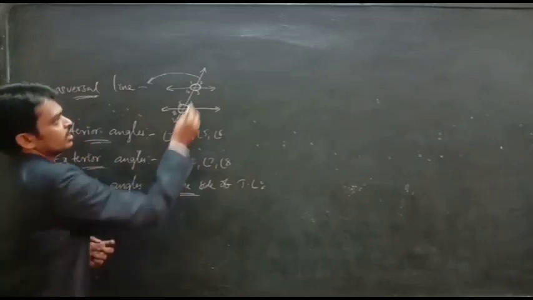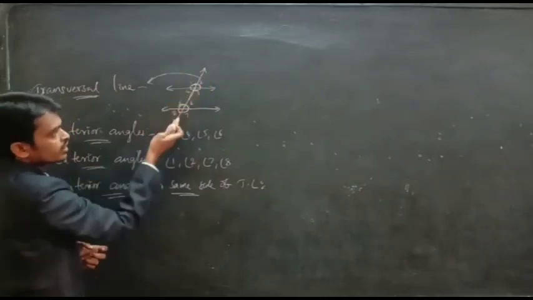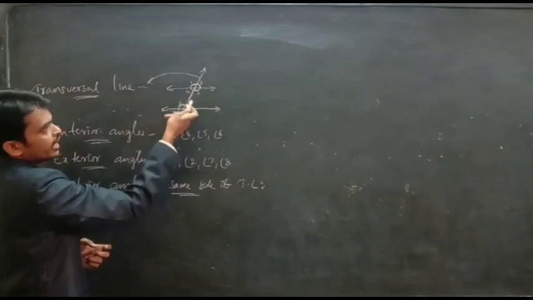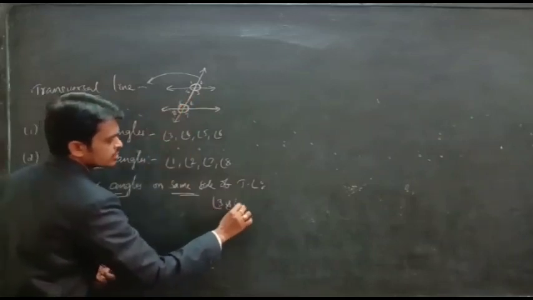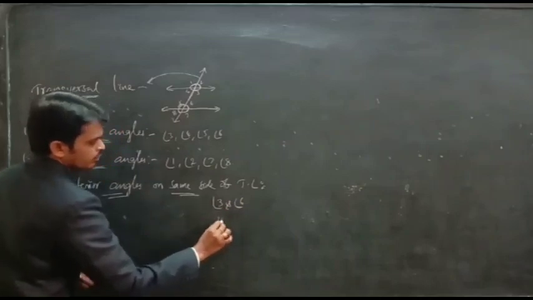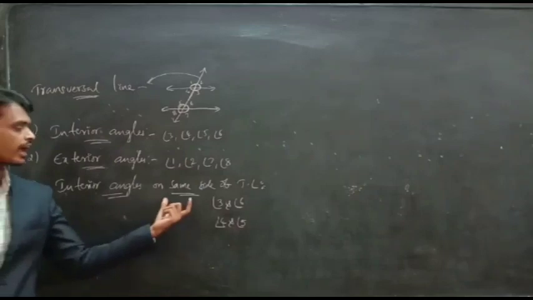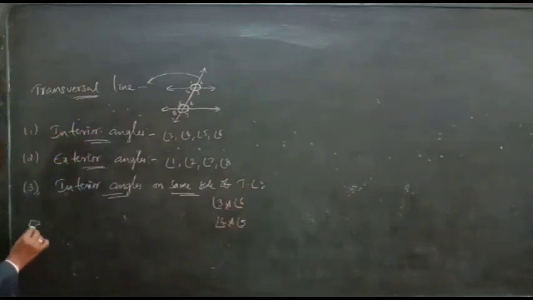Look here, this is the transversal line, and on the same side of it the interior pairs are 3, 6 and 4, 5. So angle 3 and 6, and angle 4 and angle 5, are the interior angles on the same side of the transversal line.